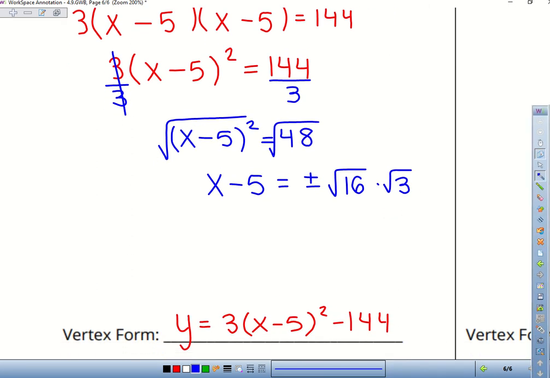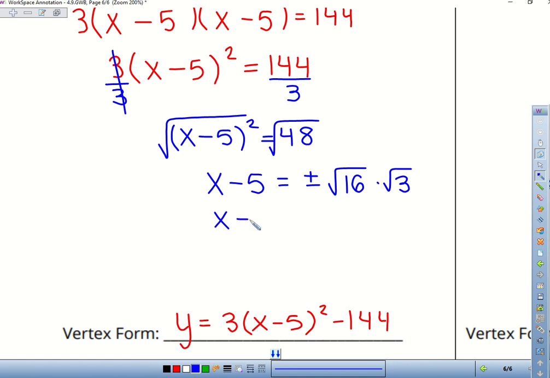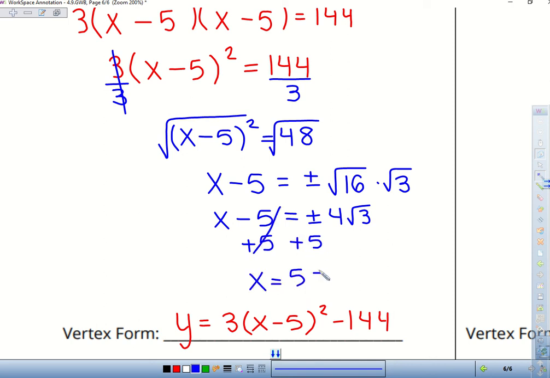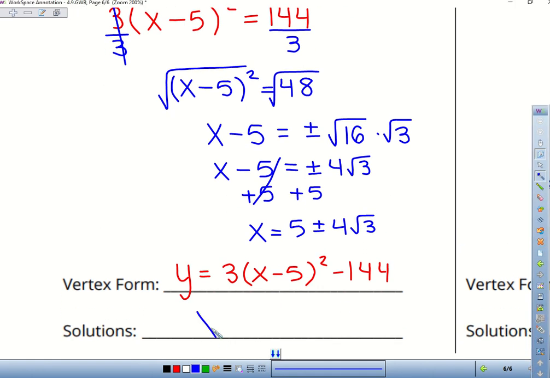Which one of those can I simplify? 16. Good. My last step: add the 5, right? That's my answer.